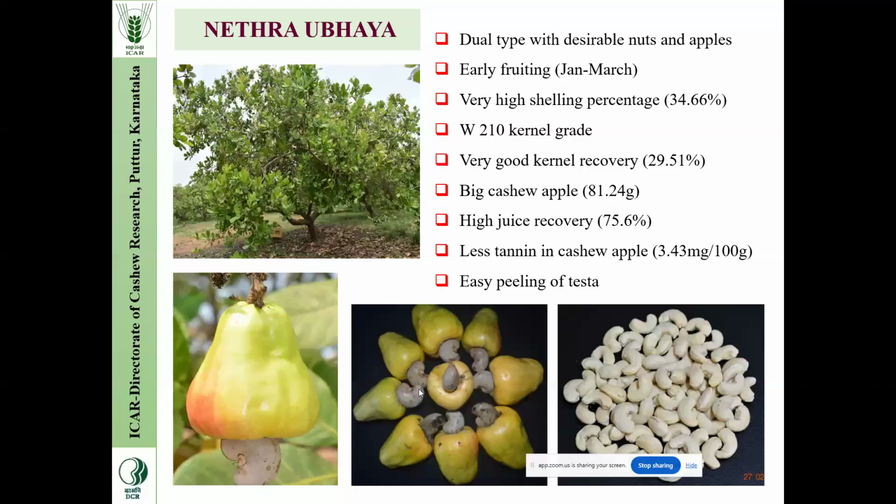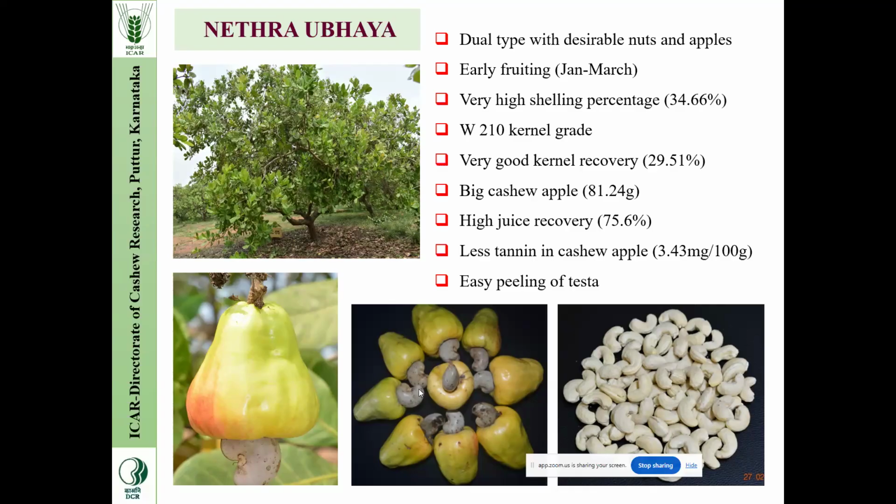Unlike other fruits, it does not have a well established domestic market. It is treated as waste itself, though it is a powerhouse of most of the nutrient components. But this variety is exceptional, in that the cashew apple is much sweeter, so we can eat it like a table fruit.